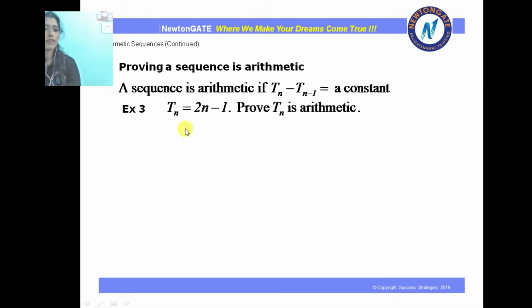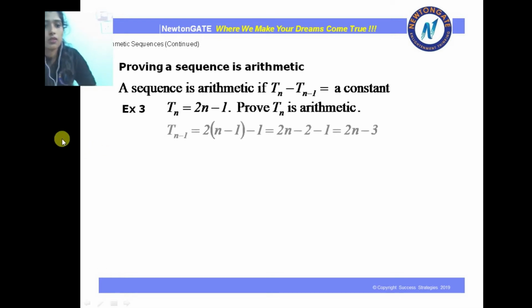So here I have taken a general term, Tn equal to 2n minus 1. I will be proving that Tn is arithmetic. Okay. So Tn minus Tn-1 has to be a constant. So I have put here Tn-1. Instead of n, I will now have n minus 1. And if I simplify it, I get 2n minus 3.